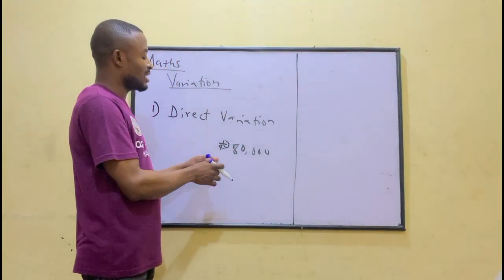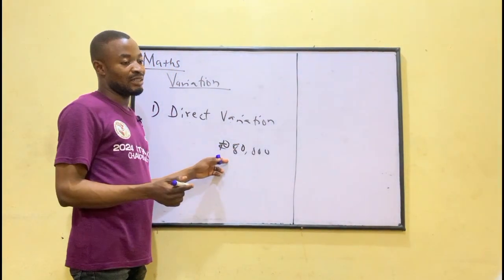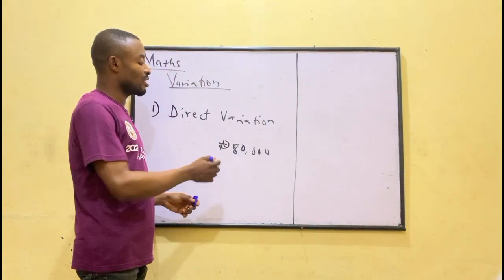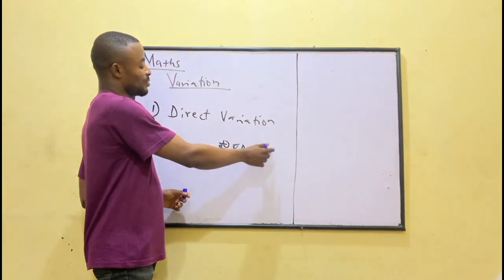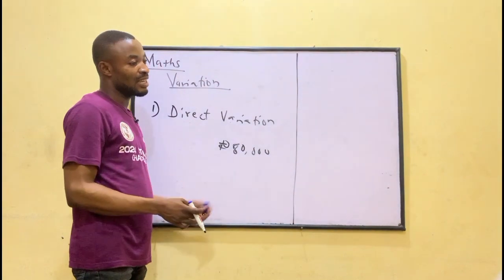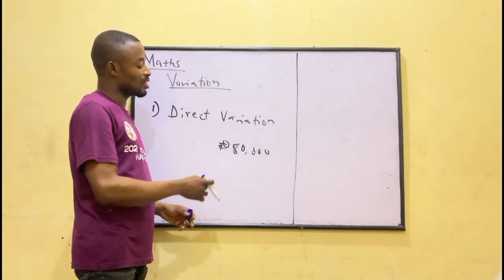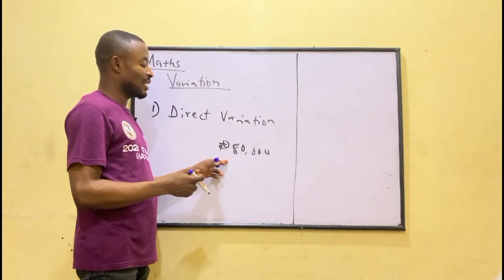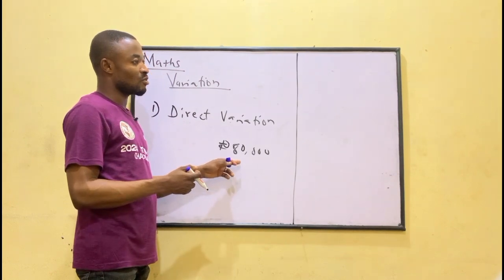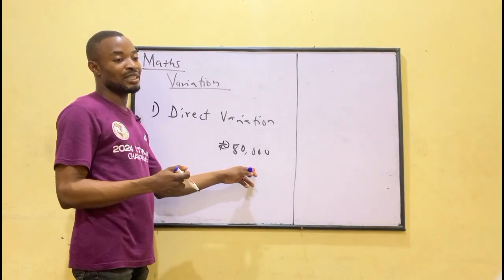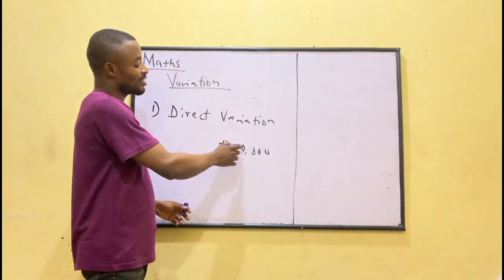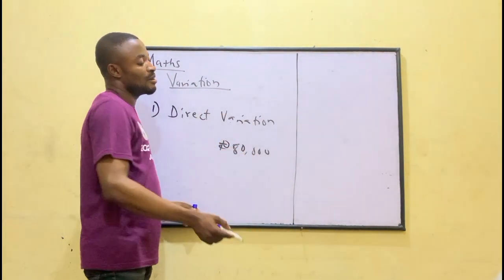If you have 10 staff in the school, you're going to be paying 80,000 multiplied by 10. That's 800,000. Now, if you increase the workforce from 10 to 100, then automatically the salary bill is going to increase to 8 million.